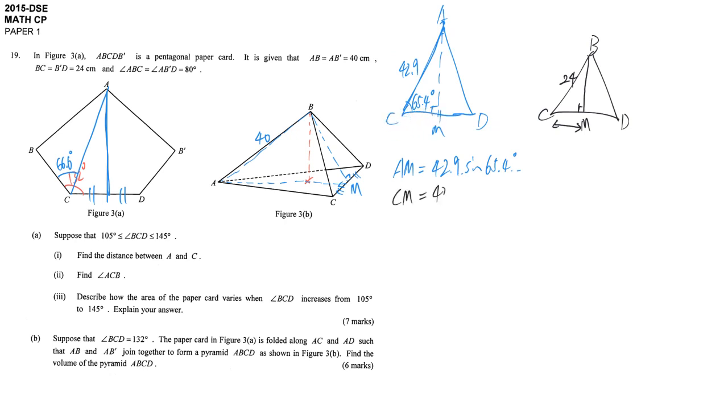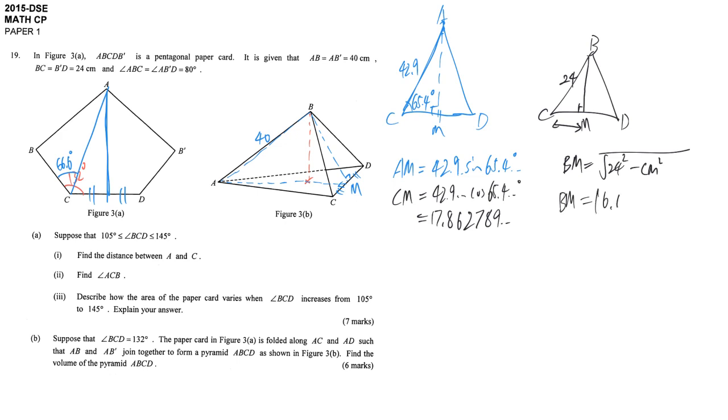CM is 42.9 cosine 65.4 degrees. So we get it back here. So this is equal to 17.862789 something. So to get this, we find BM is equal to the square root of 24 squared minus CM squared.